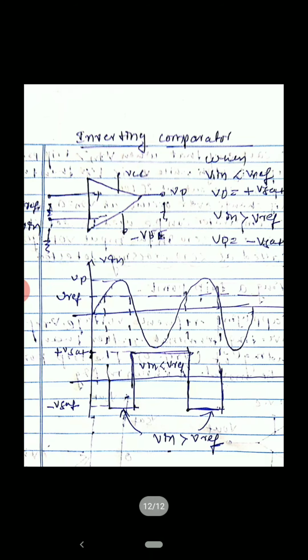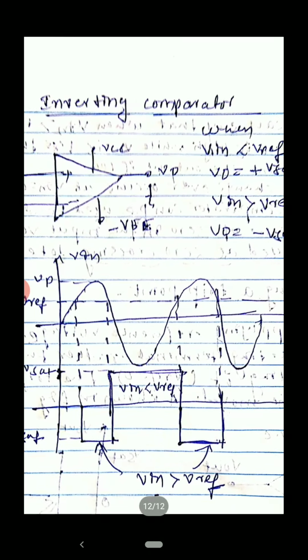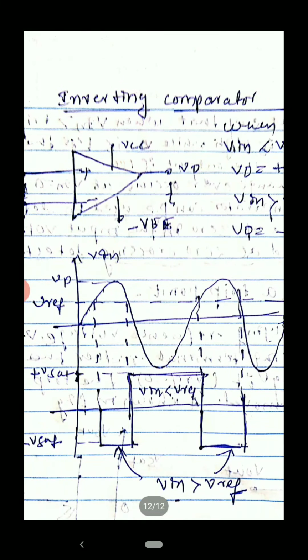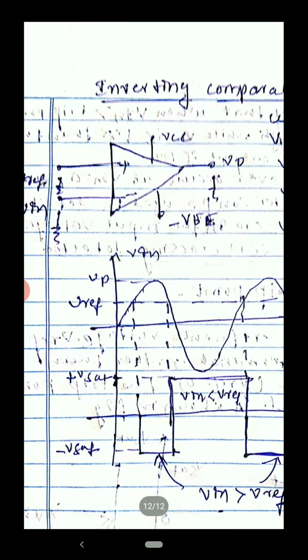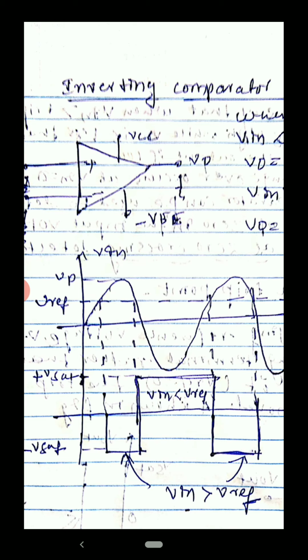Even you can see the waveform diagram. Okay, see, if you apply some reference voltage, otherwise this square wave will be generated from zero only, as in the earlier waveform. In this waveform, if you consider some value V reference, here you can see V reference. Once your input crosses V reference, more than V reference, your output is negative.